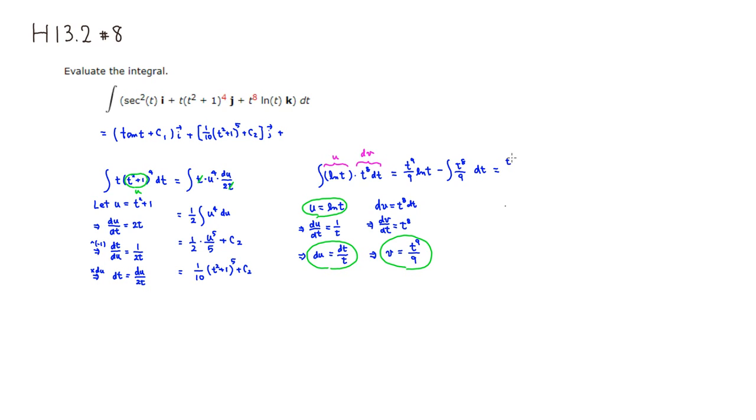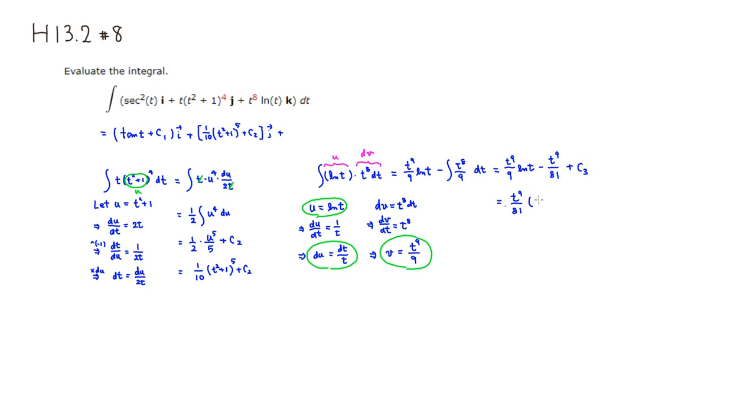Then you're going to end up getting t to the 9th over 9, natural log of t, minus, add 1 to the power, so it's 9, divide by 9, but 9 was already there, so 9 times 9 is 81. And then you have plus some constant, I'm going to call it C3. If you want, we can pull out t to the 9th over 81.